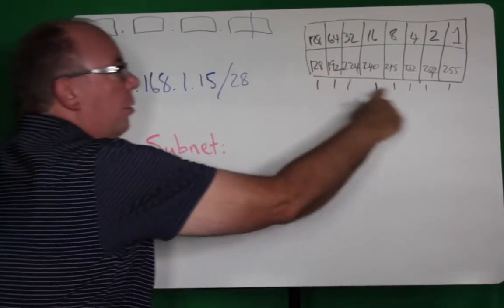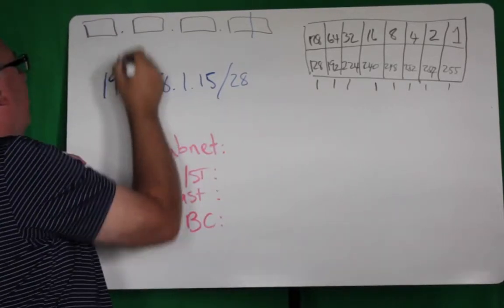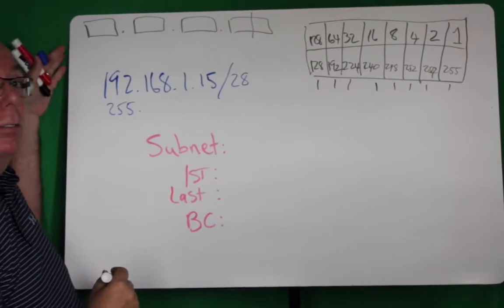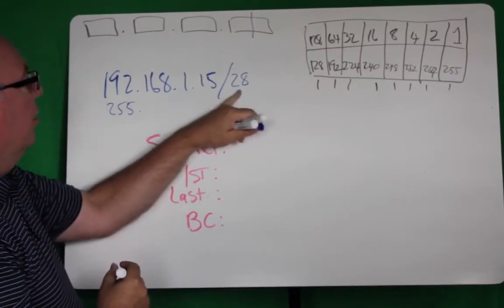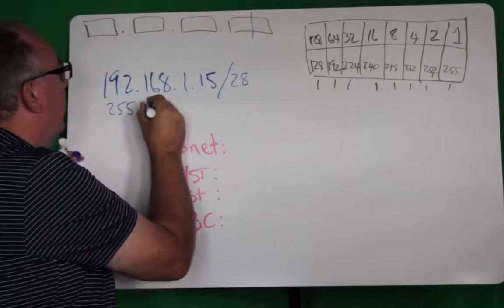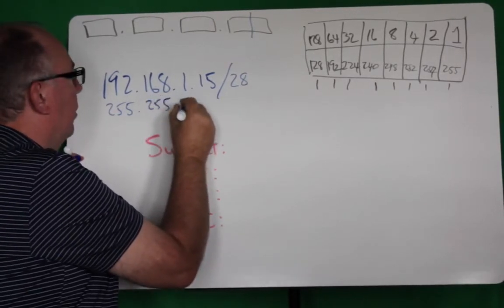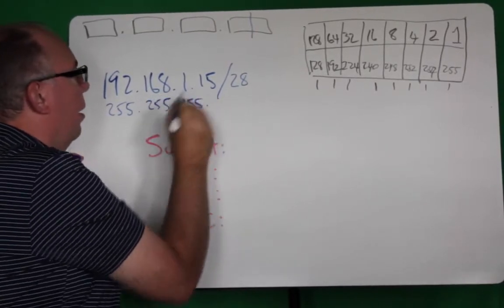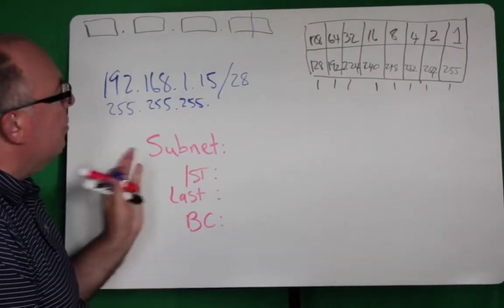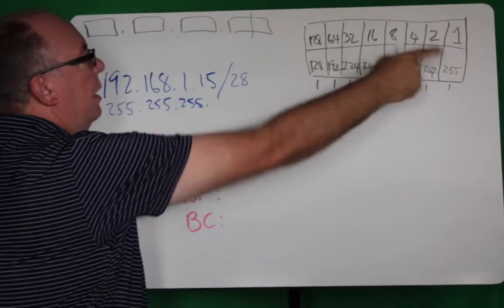So all ones, as we discovered, would be 255. So we would certainly have that in the first field. And since we're going all the way out to 28, which is way out here, the next number would be 255 as well, and the third number. But we don't know what the fourth number would be. So we have to think about it. There are 8 bits here.